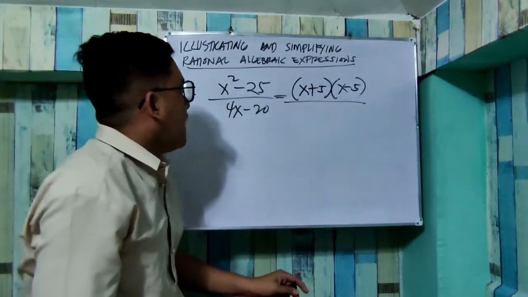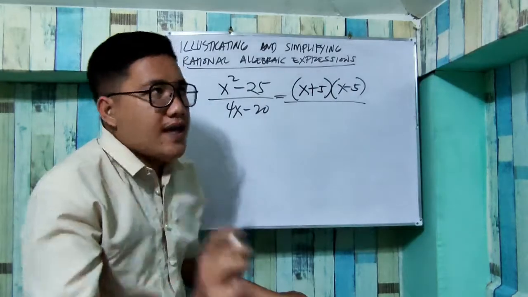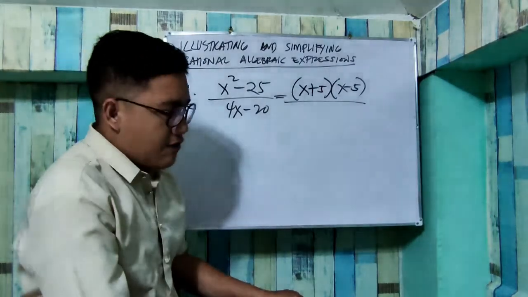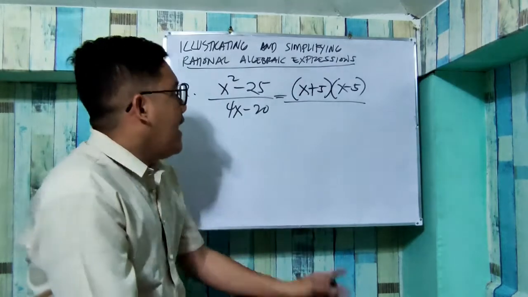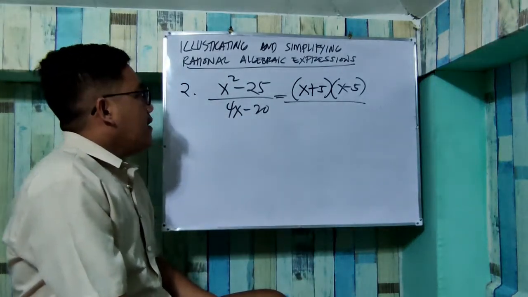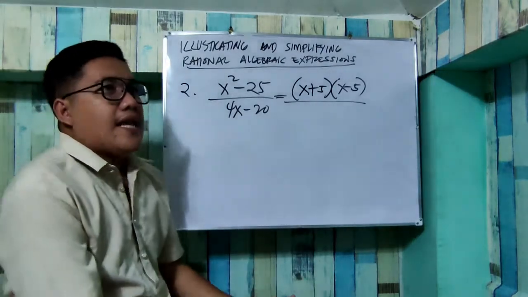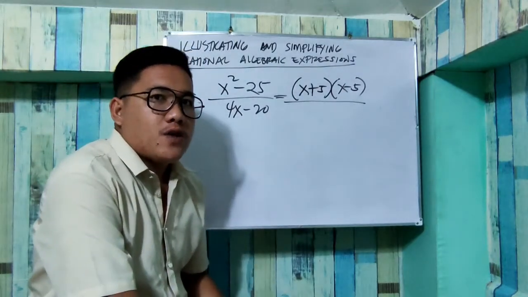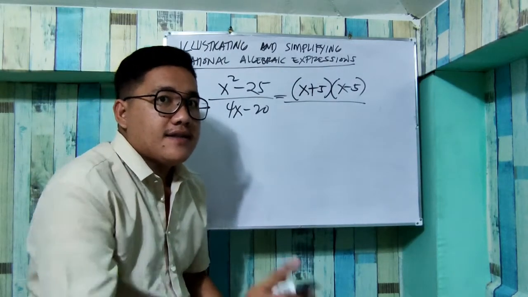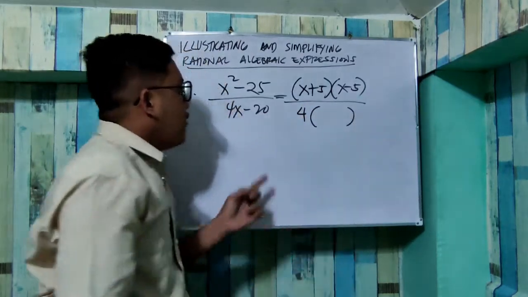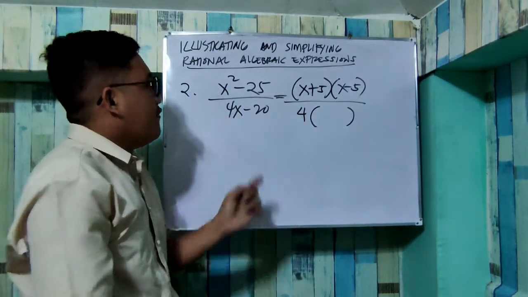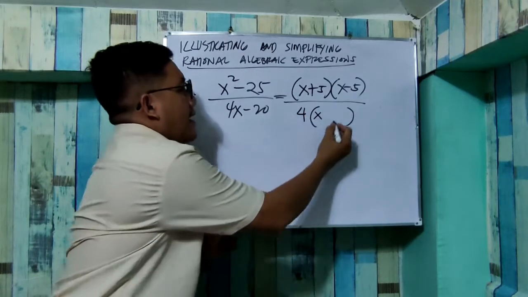Factor 4x minus 20. Ang goal natin, at least makahanap tayo ng factor na pares nandoon sa taas para makakancel natin. Ano ang common factor ng 4 tsaka 20? That is 4. Anong multiply mo sa 4 para maging 4x? X. Minus.